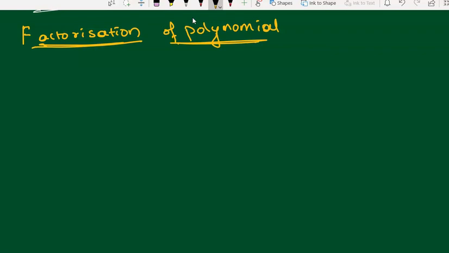We use factorization throughout algebra, and the use of factorization is very broad. So you have to understand what factorization is and how to factor a given polynomial.